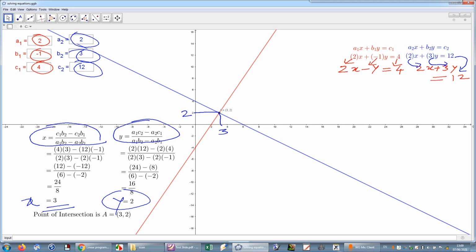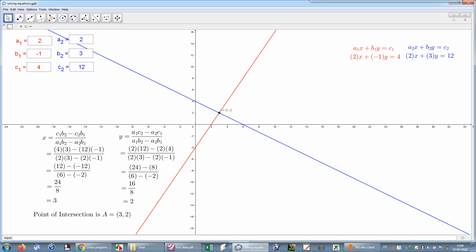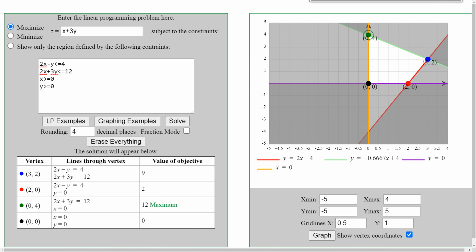So the intersection point of these two lines, as you can geometrically see, is (3, 2). This is how we determine the intersection point of two lines, and the same contributes to a vertex of the common feasible region.